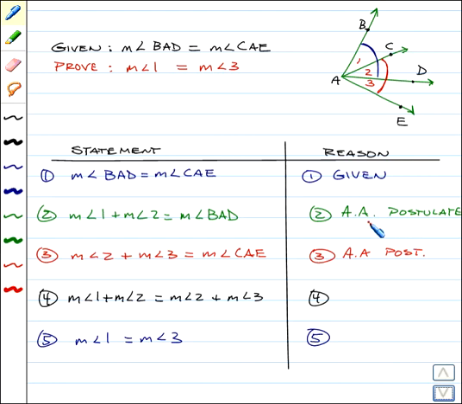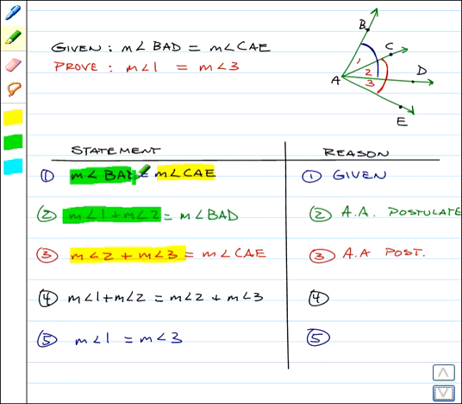Now, since we have that, what we did with this next part was we took this expression and substituted it in for the measure of angle CAE, and we took this expression and substituted it in for the measure of angle BAD, and we get this equation. The reason we can do that is called the substitution property.